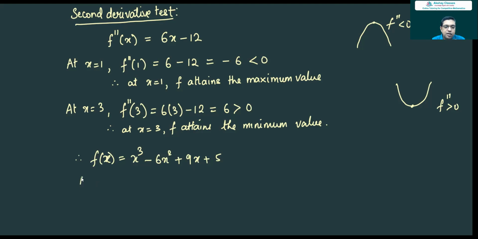So the local maximum value at x equal to 1 is f of 1. Substitute in this: 1 cubed is 1, minus 6 into 1 squared is 6, plus 9 into 1 plus 5. So 1 plus 5 is 6, minus 6 is 0, you get plus 9. This is the local maximum.